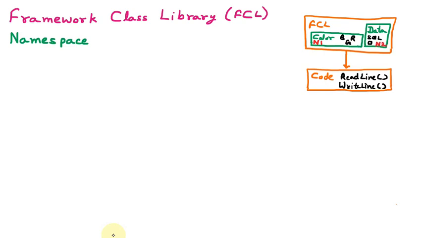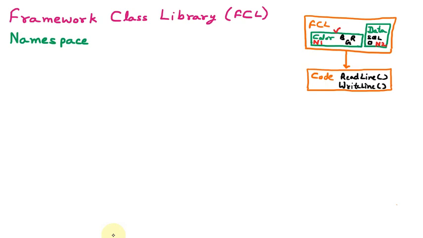So we should understand that the library is the combination of multiple classes. Those classes are logically combined together, and their combination is called the namespace. And who is going to combine them? Their logical representation. Let's say we are saying all the color classes should be together, so all the color classes together make one namespace, the namespace color.